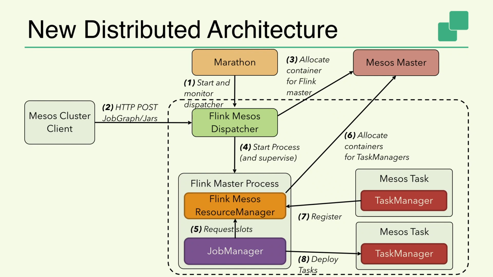Once these tasks have been started, the task managers will register at the Flink Mesos resource manager, making their task slots available. These task slots are then given to the job manager, and the job manager can finally start executing the job by deploying tasks into these slots. And that's how we want to add dynamic scaling capabilities to Flink.